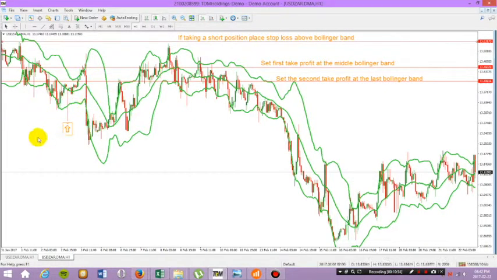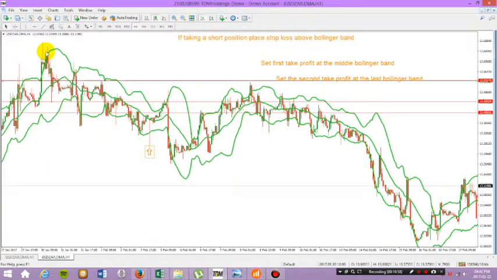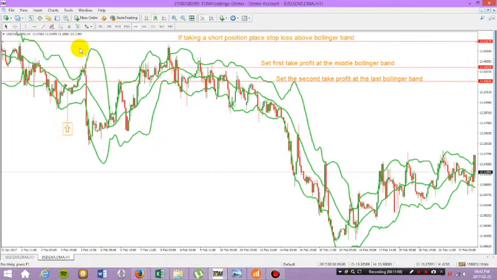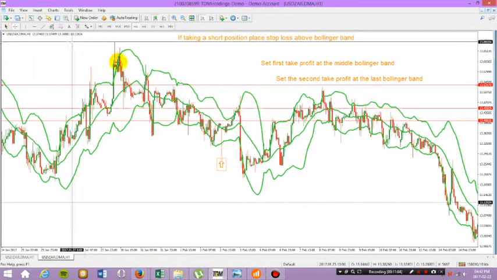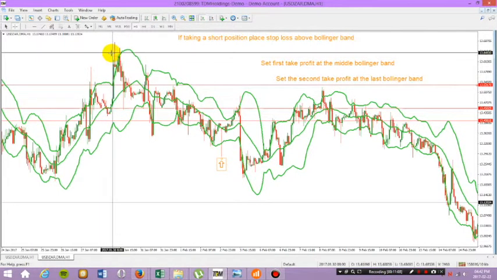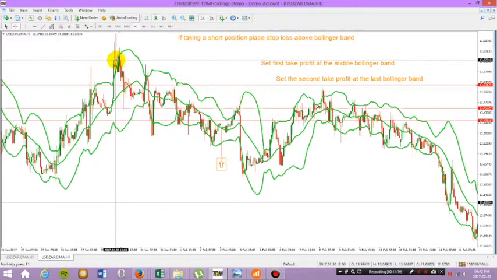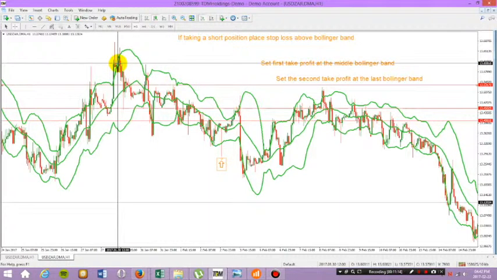So let's now evaluate what we said. When you have it at the top, you see, once again, another example right here. You identify that you have candles at the top of your Bollinger Band, so you would place a stop loss around here, and then you would place your take profit.